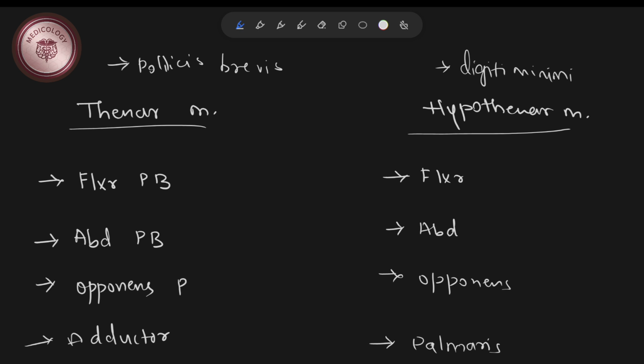Opponens, no, there is no long muscle of this, so this is only a single muscle. So opponens pollicis and adductor pollicis. And over here, flexor digiti minimi, abductor digiti minimi, opponens digiti minimi, and palmaris brevis. Remember, we have done the longus muscle in the forearm anterior compartment, palmaris longus, but over here palmaris brevis.